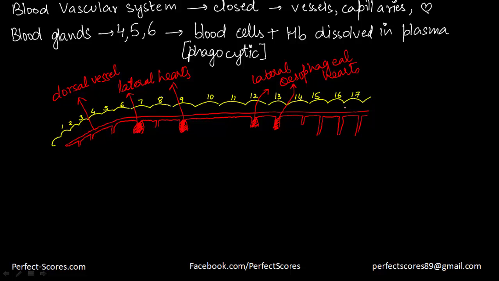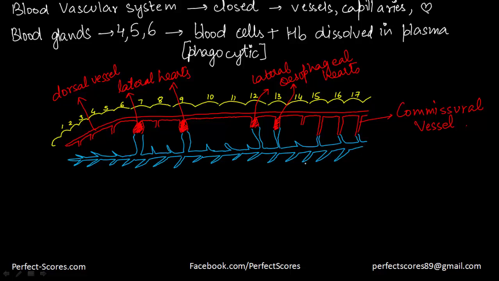And this extension that you can see is known as the commissural vessel. This, what you can see, is known as the subneural vessel. And this is the ventral vessel over here. Let me label it up.